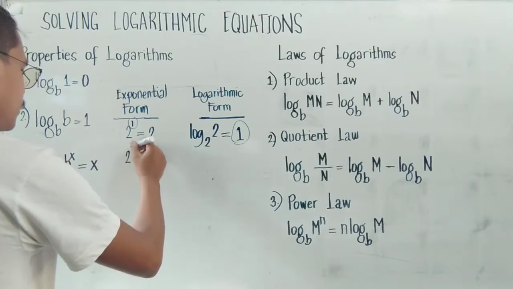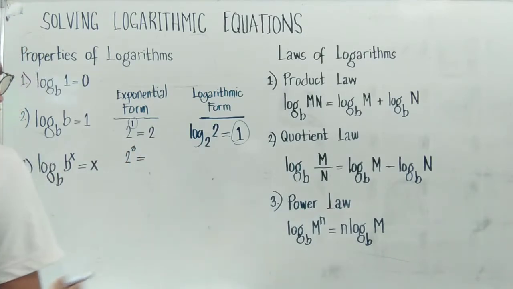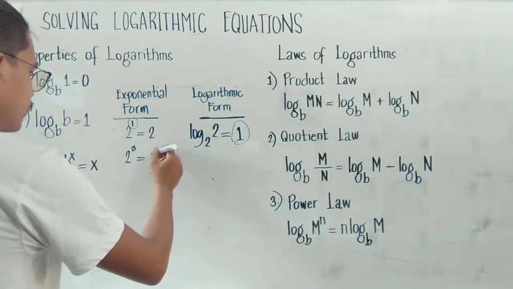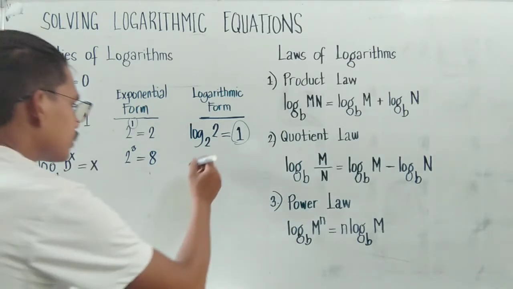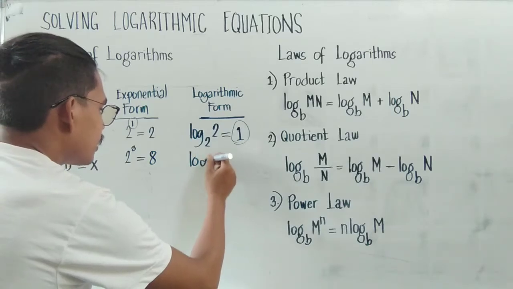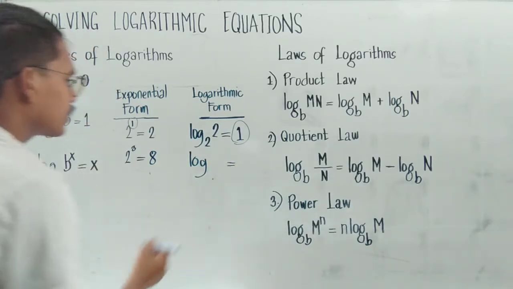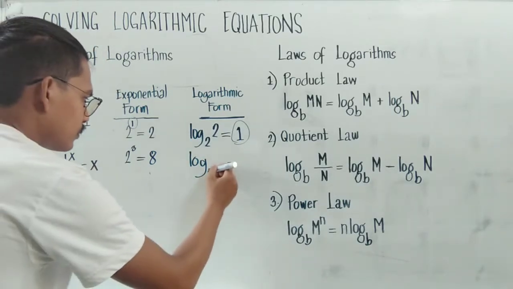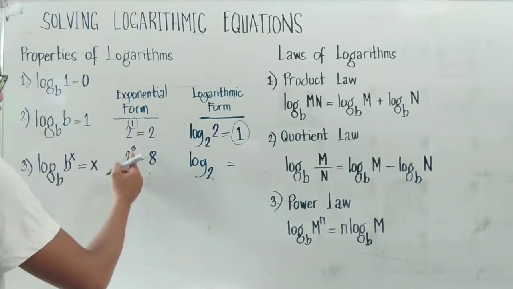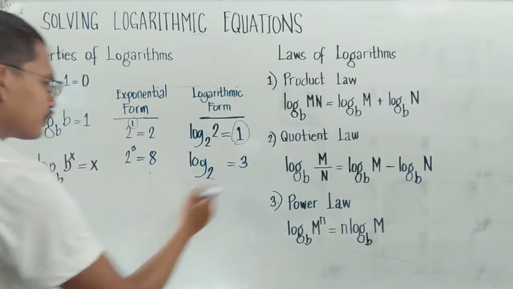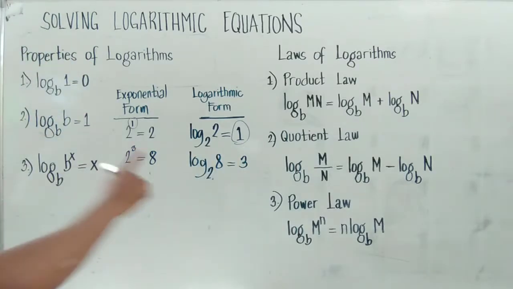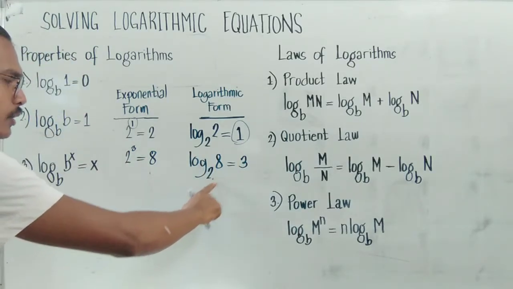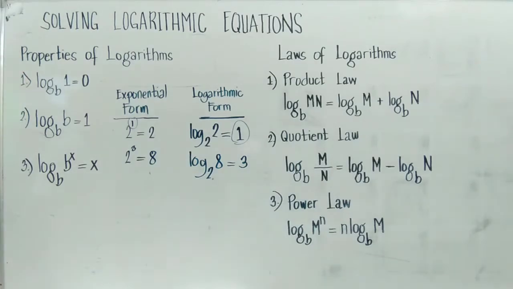For example, we have 2 cubed. Of course, 2 cubed is 2 times 2 times 2, which is 8. In log form, the base is 2, the exponent is 3, then what remains is 8. So log of 8 base 2 equals 3.